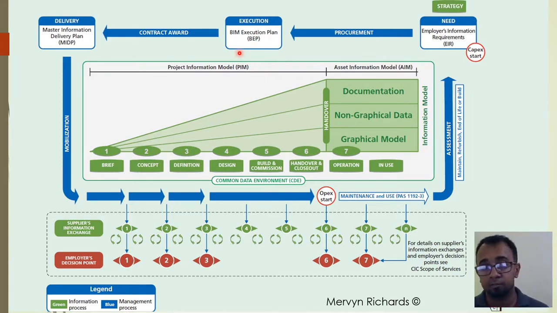Even in our normal procurement lectures, you would have realized that setting up the proper procurement system is key to the success of a project. So here we have to set up a proper information delivery cycle or information management cycle by bringing in proper parties who can deliver the requirements of the EIR.